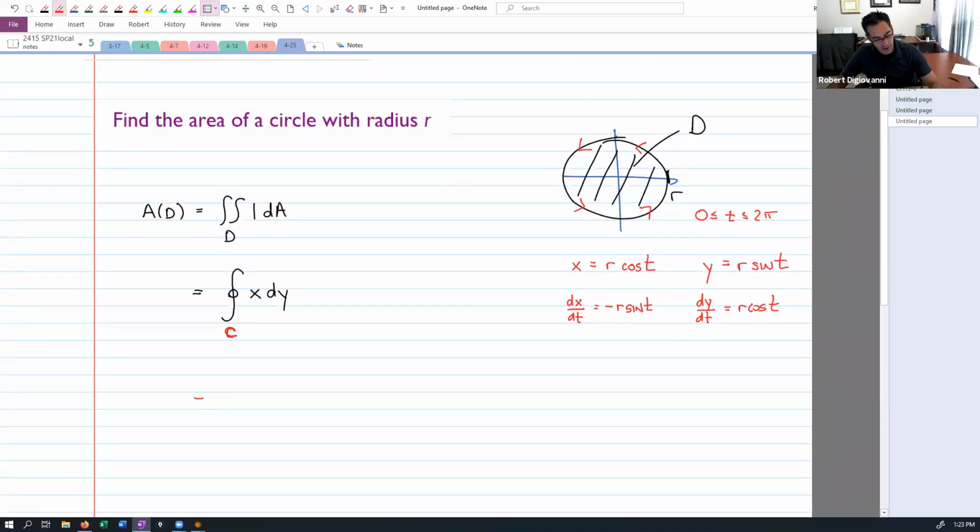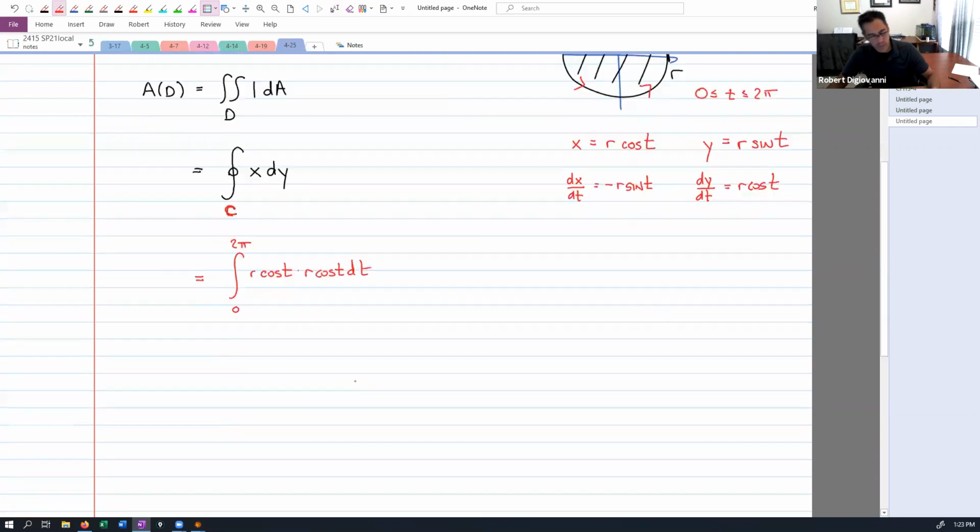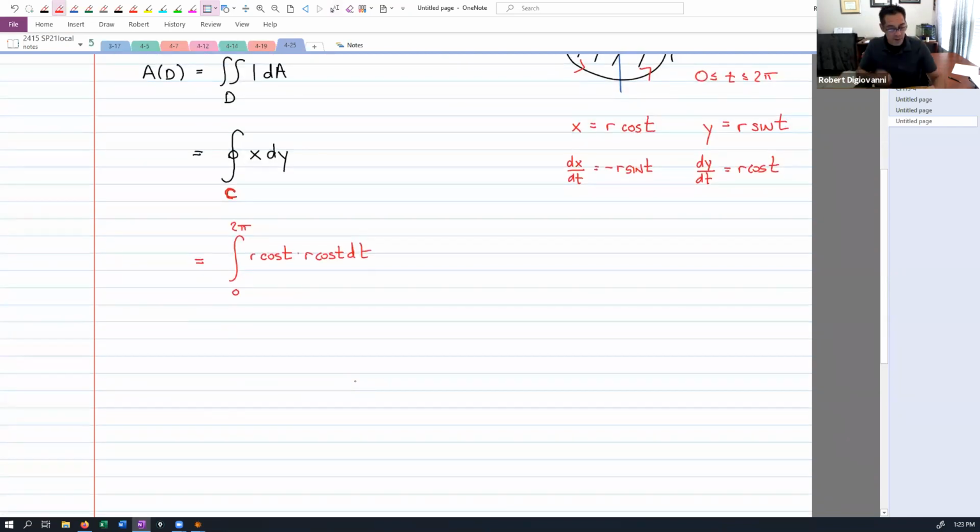We are now going to set up the line integral from 0 to 2 pi. x is R cosine t times dy, which is R cosine t dt. R is a constant, so I'm going to pull the R out. We actually have R squared, 0 to 2 pi. We have 2 cosine t's, so cosine squared t.